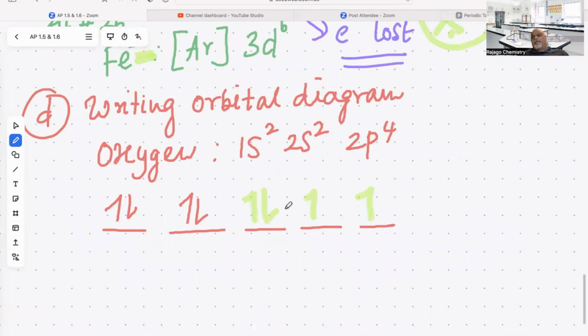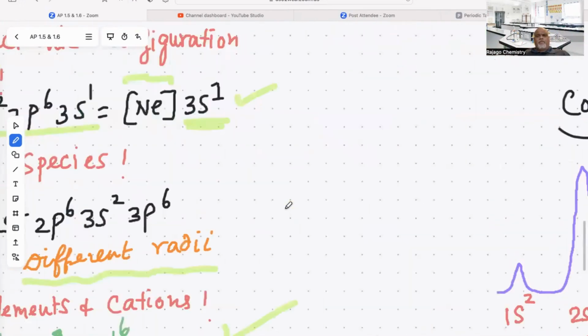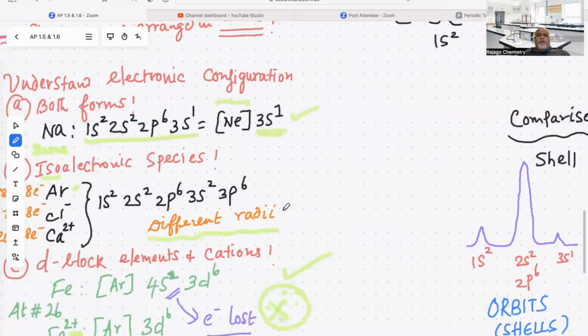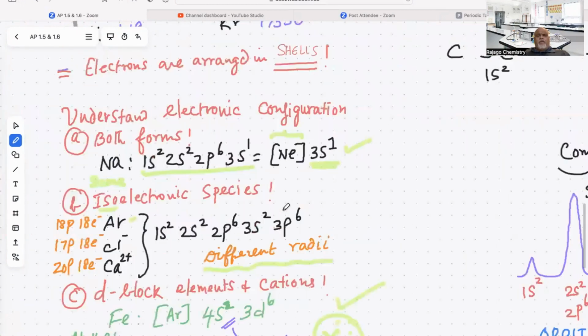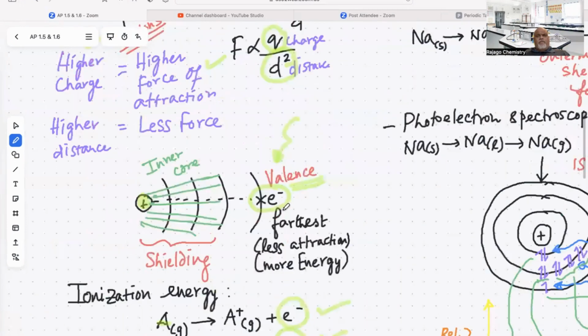This is like going inside a train and trying to take the window seat. When there are no other spots available, you go and pair up with someone and sit next to them. That's how electrons behave at the lower level too, so that is very important. When you understand this 1.3, the 1.5 is very easy.